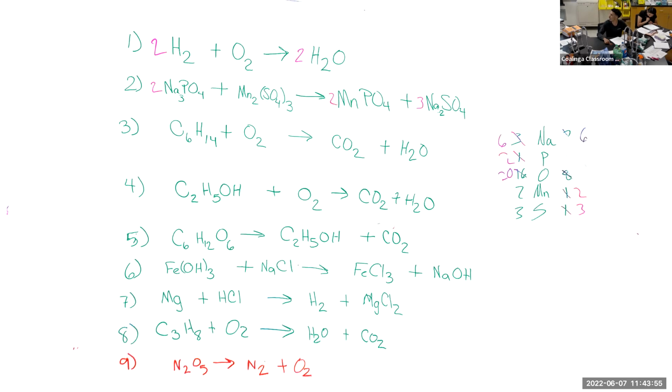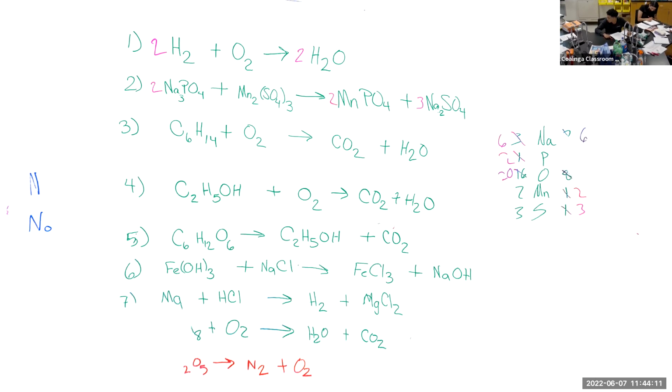Symbols can either be a single letter, a single capital letter, or it can be two letters, occasionally three letters. Now, NO is different than capital N, capital O. Do me a favor, put a periodic table.